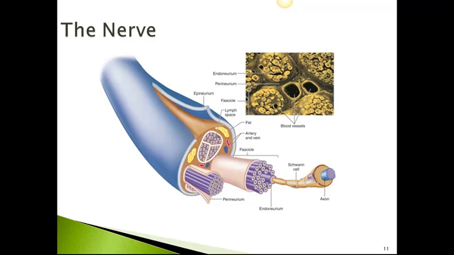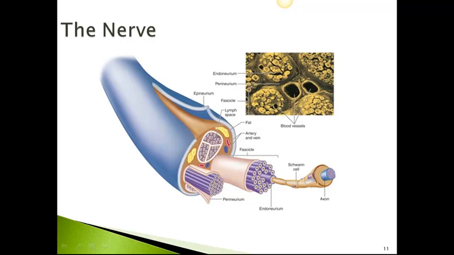So here's a picture of the nerve. As you can see, we have the fascicle, which is surrounded by the perineurium, and inside this fascicle you have axons with myelinated sheaths, which consist of Schwann cells.